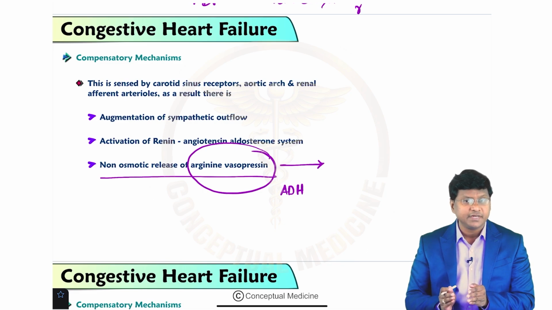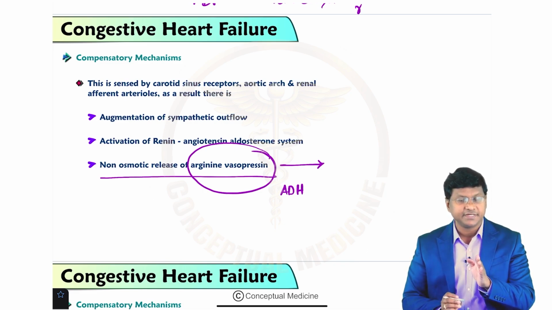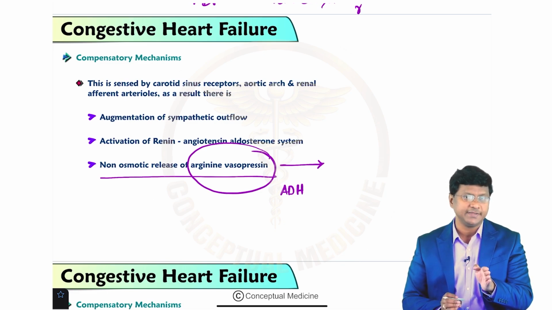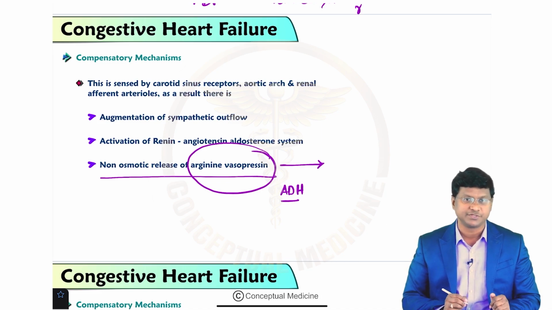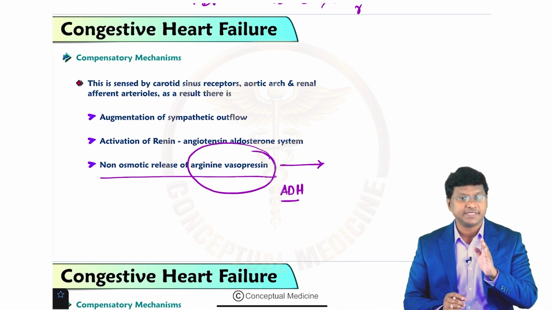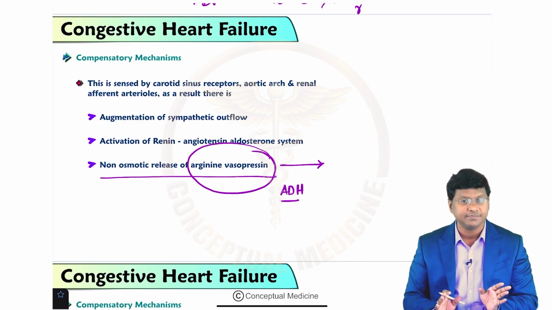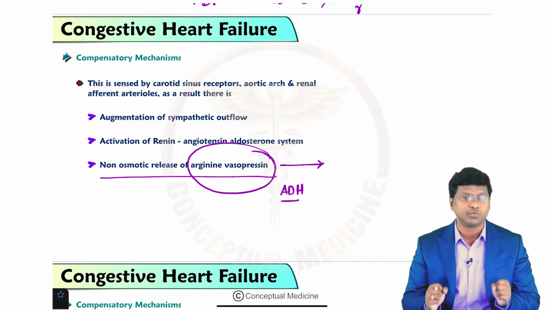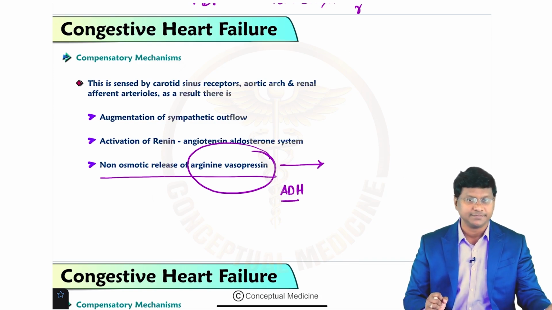Whenever there is an increase in osmolality, there will be release of antidiuretic hormone or arginine vasopressin, both are the same, and they will cause the reabsorption of water from the distal tubules, and thereby the increased osmolality will return back to normal.